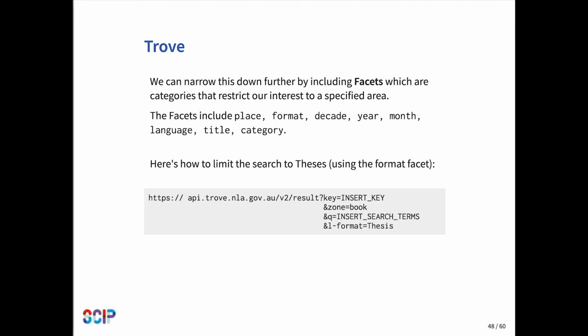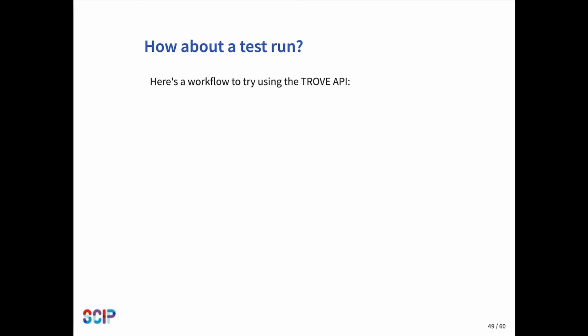So once we enter our key and our particular search term, we save that into the URL. Once we paste that into our browser, what we will get is some well-structured data that's querying Trove and returning any results based on those sets of criteria.